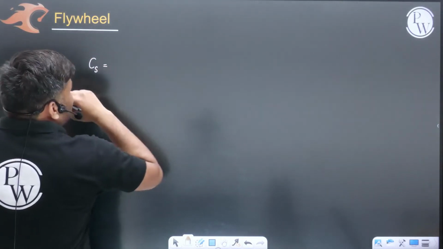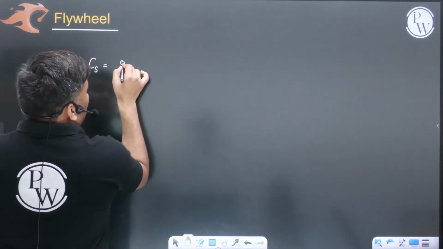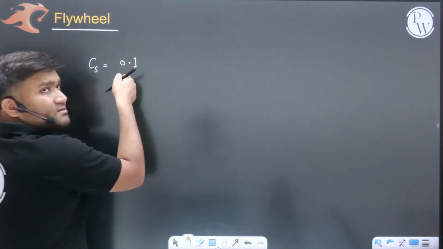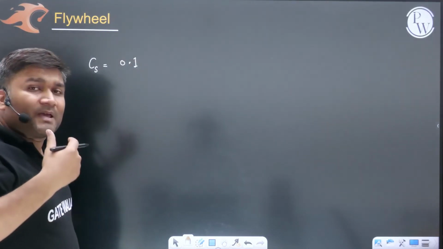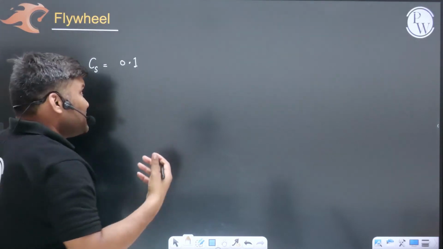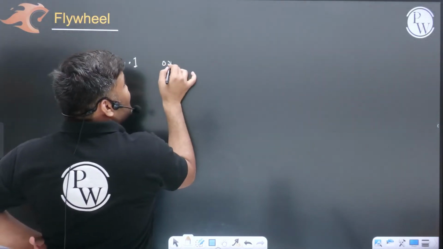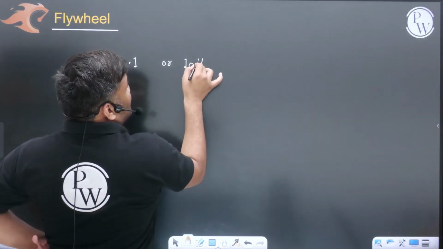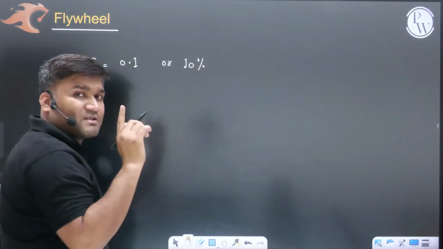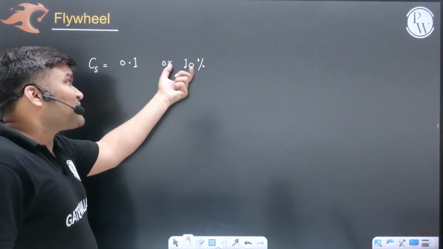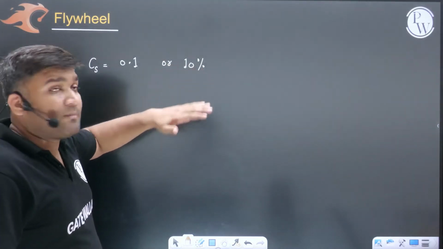They will tell you the coefficient of fluctuation of speed is 0.1. Either they will give it like this, or sometimes in terms of percentage. They can write 0.1, or the same 0.1 they can write as 10% fluctuation is there. Now this 10% fluctuation is about the mean speed.